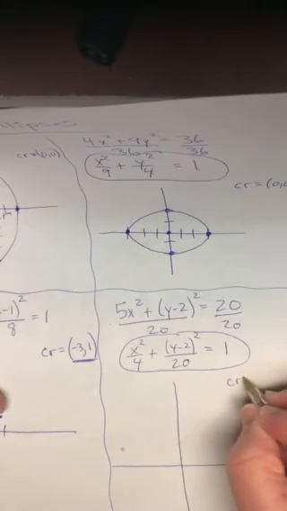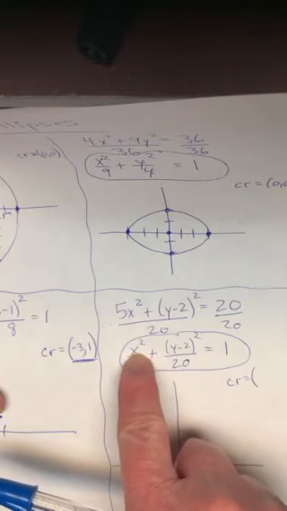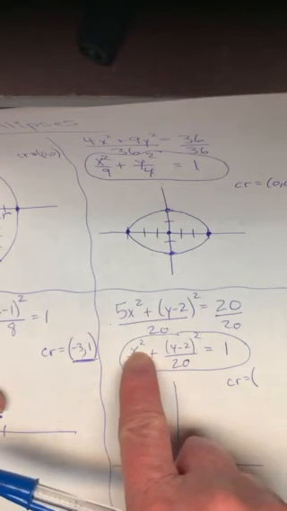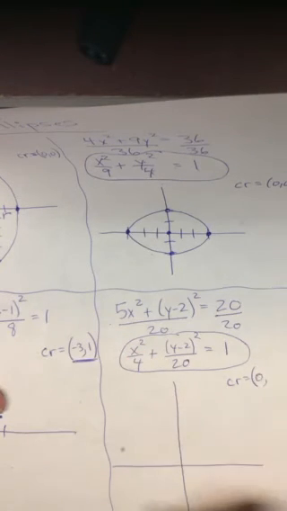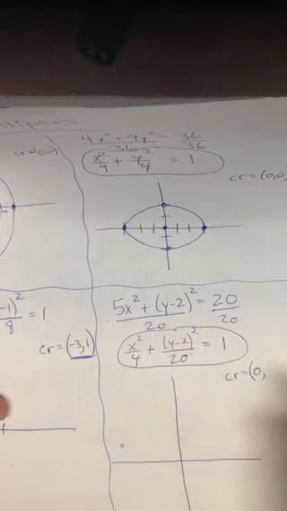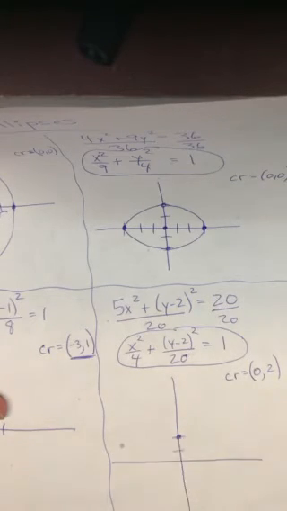The center of this ellipse, notice the x squared does not have a number attached to it. So my x coordinate is 0, and my y coordinate, since it has minus 2, is actually going to be 2, correct? So the center is at 0, 2 right there.